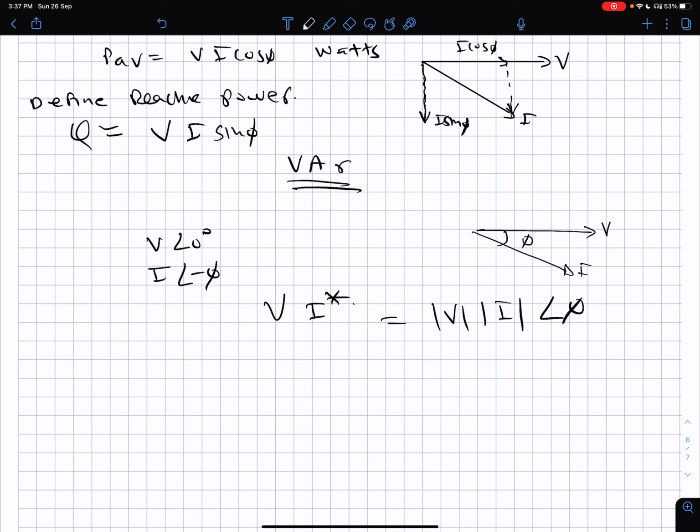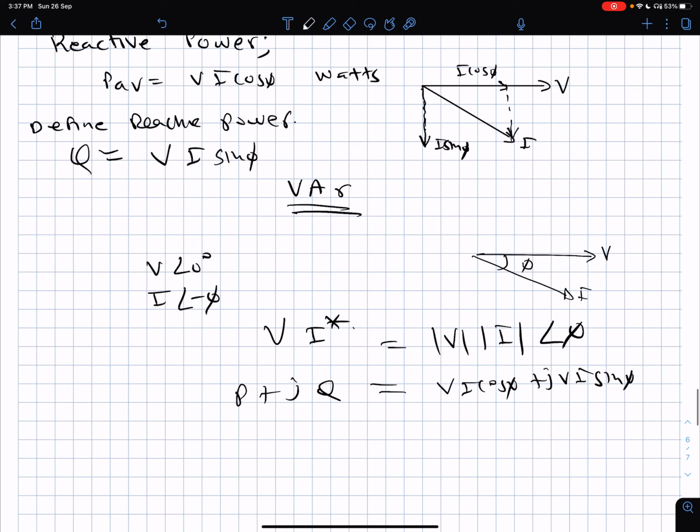The star makes the complex conjugate in polar, converts it to positive form, which will make it VI cos phi plus jVI sin phi, which is nothing but P plus jQ.